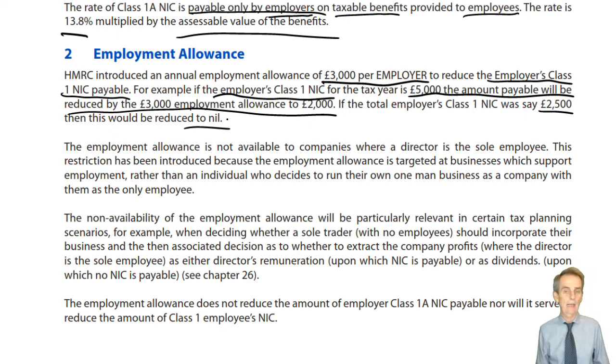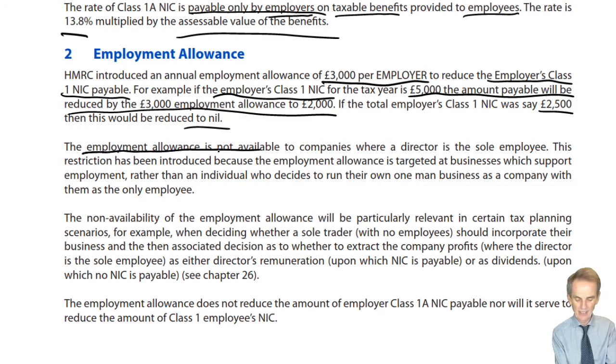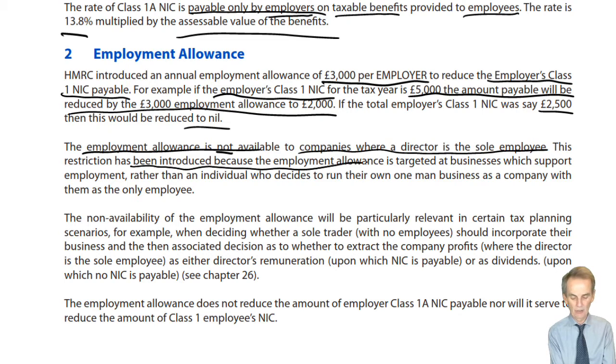That employment allowance is only available where you're talking about companies, businesses that employ other people. It's not for sole businesses, employees, where you set a company up and you are the only employee. So the employment allowance is not available to companies where a director is the sole employee. Now, that restriction was introduced because, as we said, the employment allowance is targeting businesses which support employment.